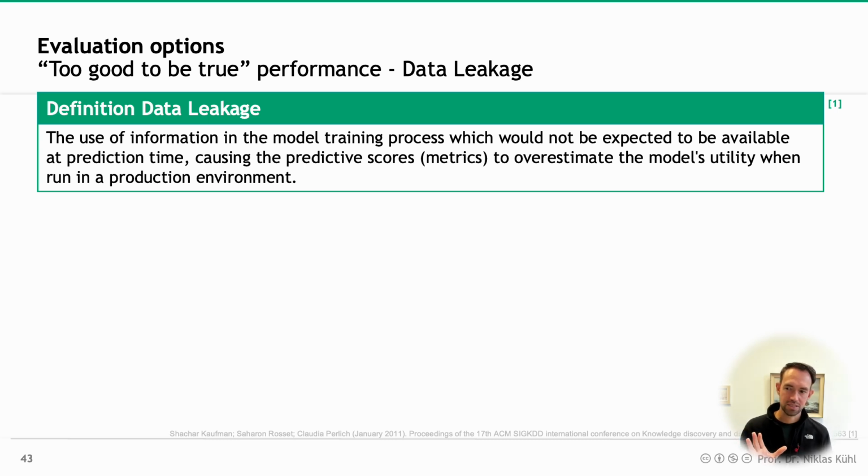And it's called data leakage because the idea is that data leaks through, which should only be available in testing, into this training phase, which will then lead to our predictive scores, like accuracy or F1 score, to be higher than it would be in reality.